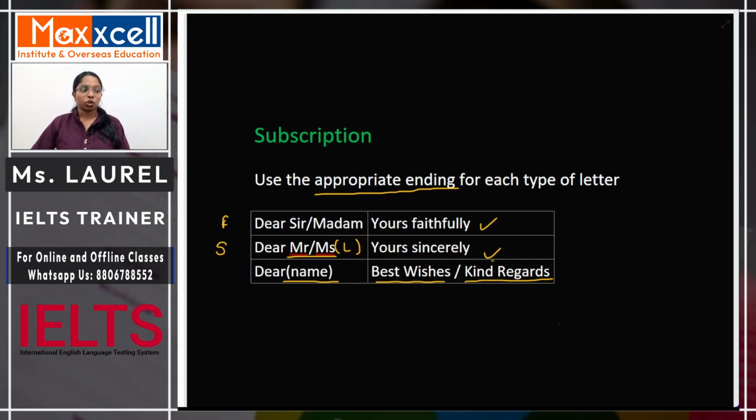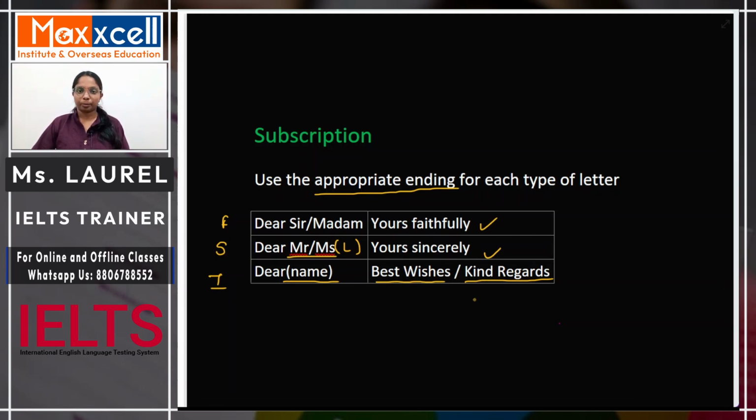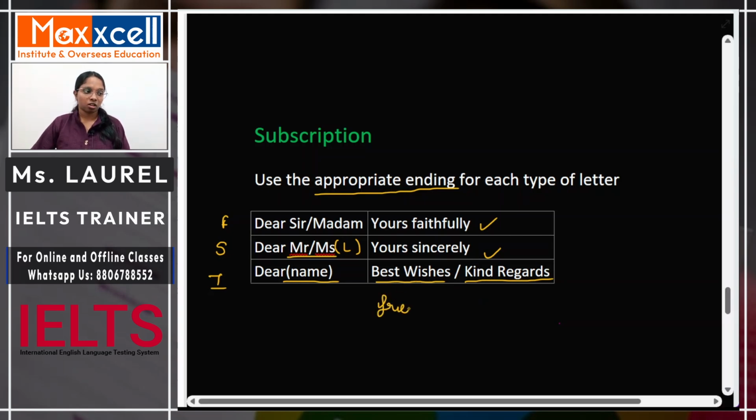In that case, you will end your letter with yours sincerely, and at the end we have informal letters, which always end with either best wishes or kind regards. Usually you can use them both, but recommended would be best wishes you keep for your friends, and kind regards you can keep for your family.